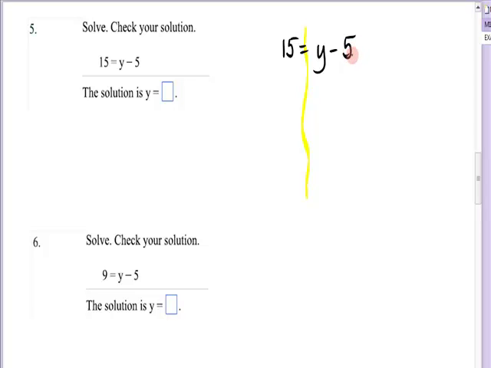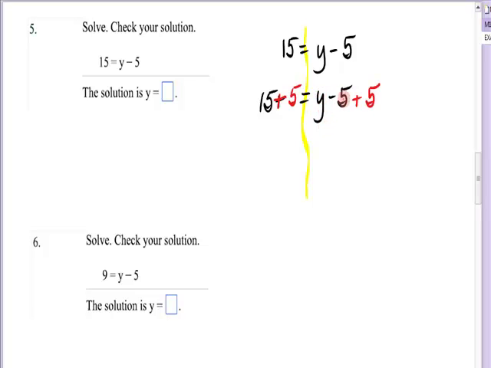I hope you're hearing in your head, you would add 5. So I have y minus 5 over there, and I will add 5. On the other side, I have 15, and I have to do the same thing, which is add 5. So my motivation comes always from the side with the letter.